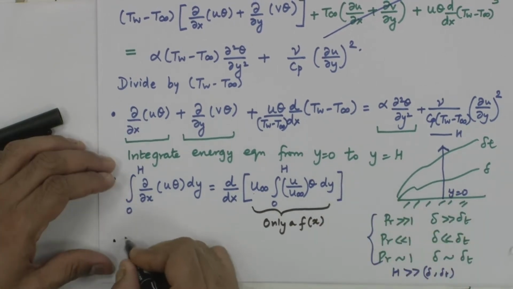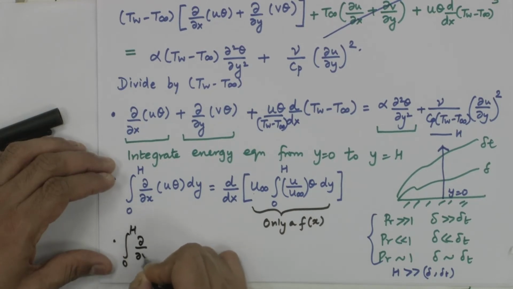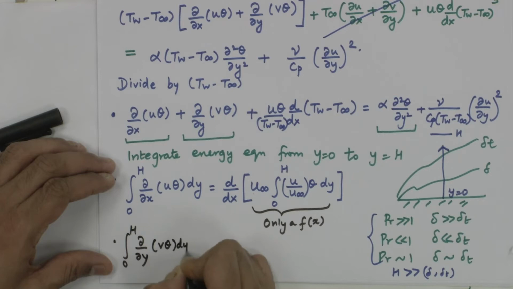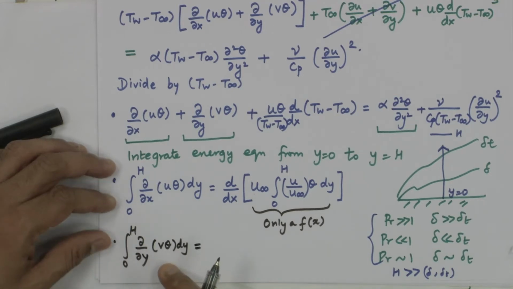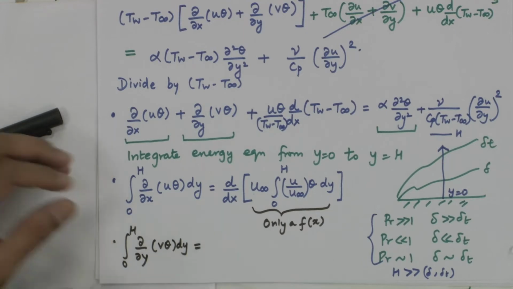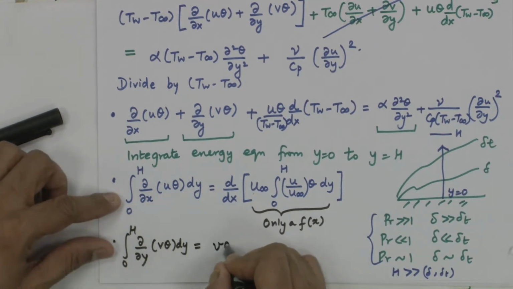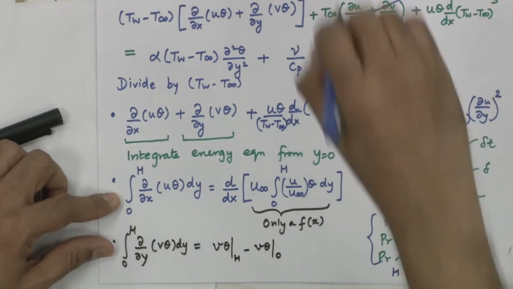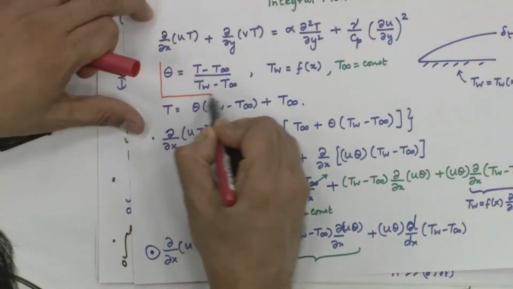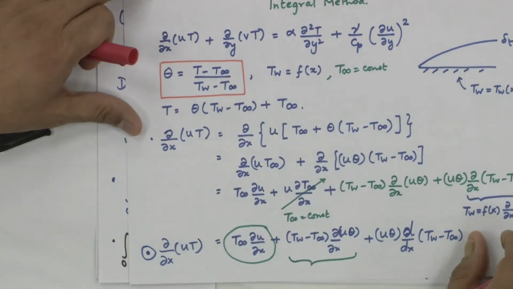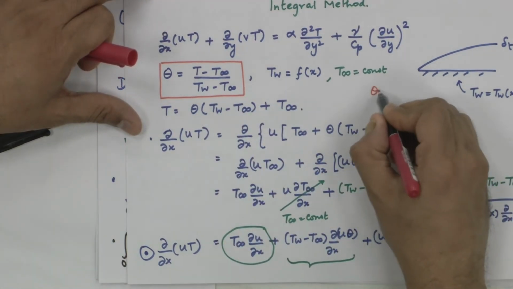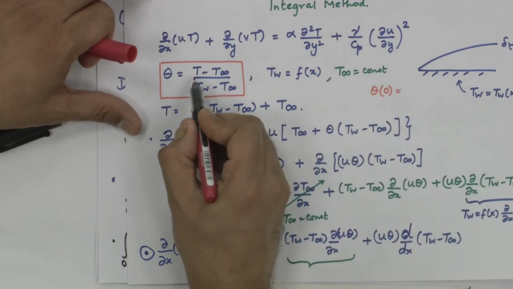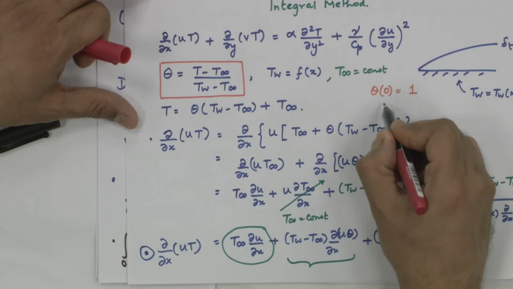The second term here is integral 0 to h of d by dy of v theta dy. This becomes v theta evaluated at h minus v theta evaluated at 0. What is theta? If you go back to the definition, theta is defined by this function. At y equal to 0, t is equal to t wall, theta equal to 1.